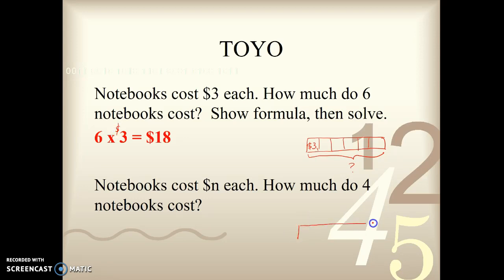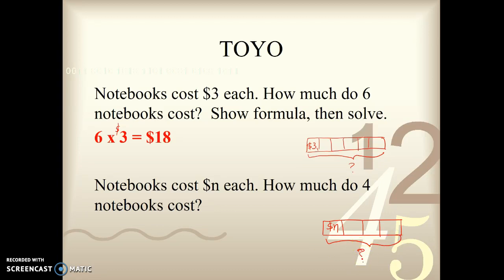Now what if notebooks cost n dollars each? Oh, we have 4 this time. I need to draw my model a little bit differently. All right. So we want to know the total.